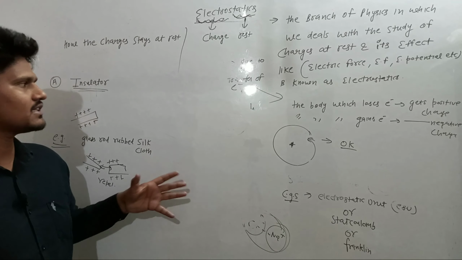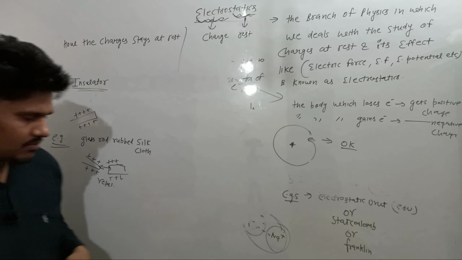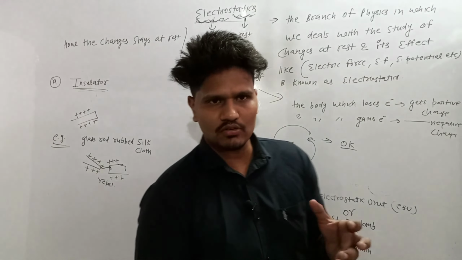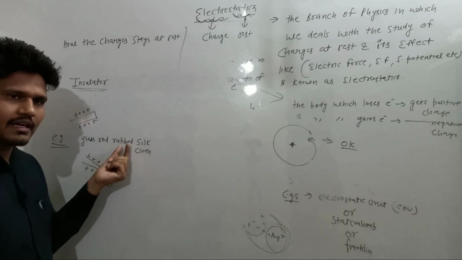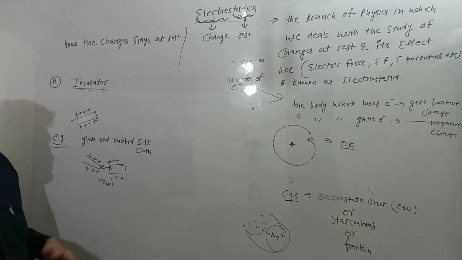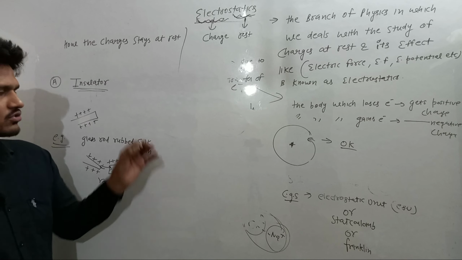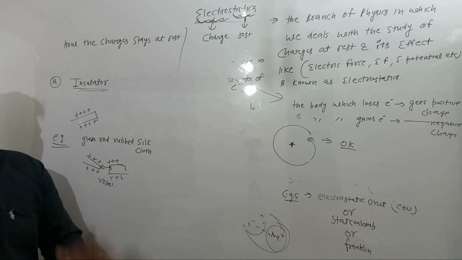We will study that in the next topics, how a body gets charged, and what the methods of transfer of charge from one body to another are. But by rubbing an insulator, we get a charge at rest, as charge cannot flow from one part of an insulator to another. Where you put the charge on an insulator, it will stay there.